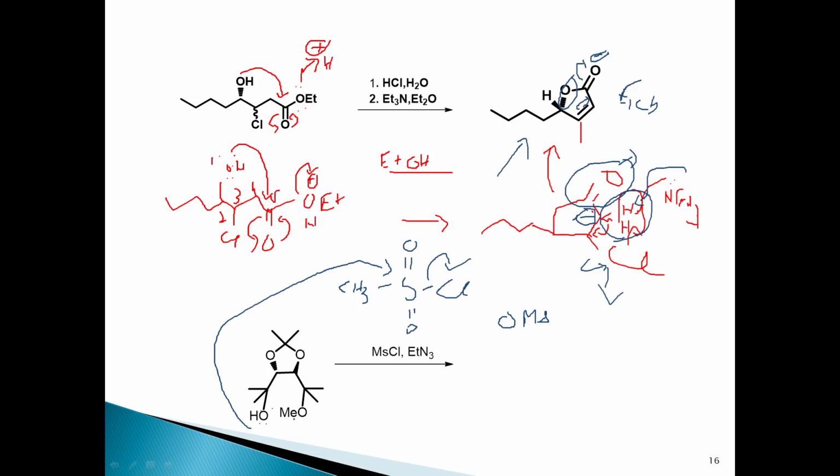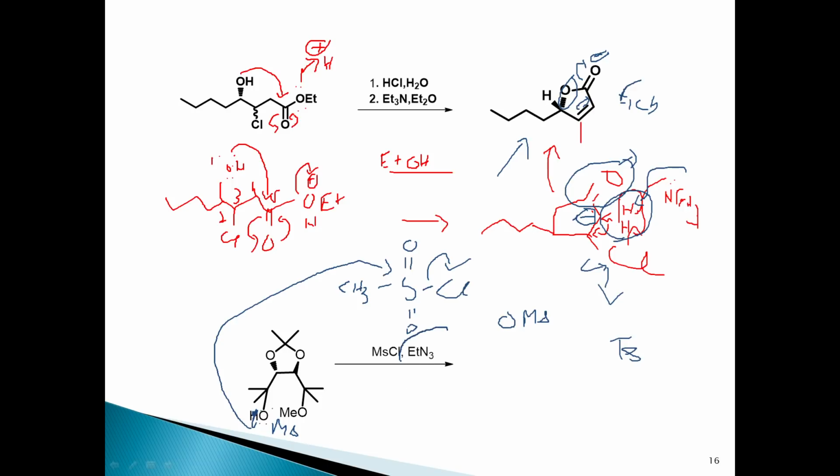So this OH is converted to OMs. This OH, if I remove this hydrogen, is converted into O-mesyl. Now this O-mesyl is a very good leaving group. O-tosyl also you must have heard of. It is represented by Ts. O-tosyl, O-mesyl. These make the hydroxy group a very good leaving group.